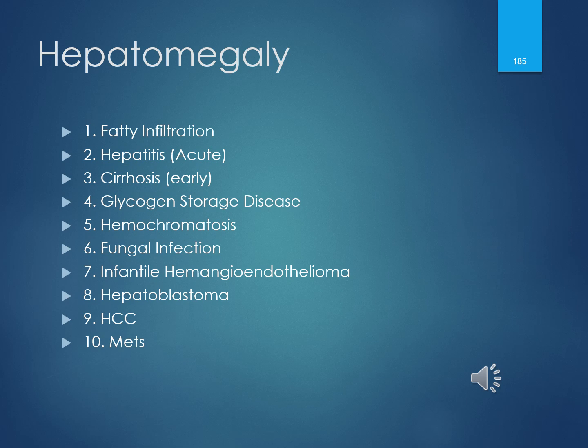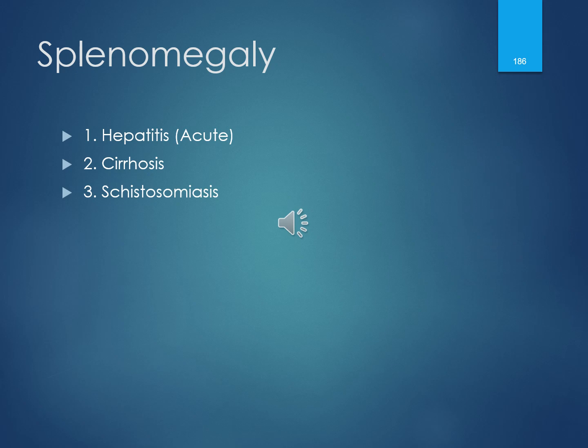Fatty infiltration, hepatitis, cirrhosis early, glycogen storage disease, hemochromatosis, fungal infection, infantile hemangioendothelioma, hepatoblastoma, hepatocellular carcinoma, and METs. Splenomegaly can be caused by hepatitis, cirrhosis, and schistosomiasis.